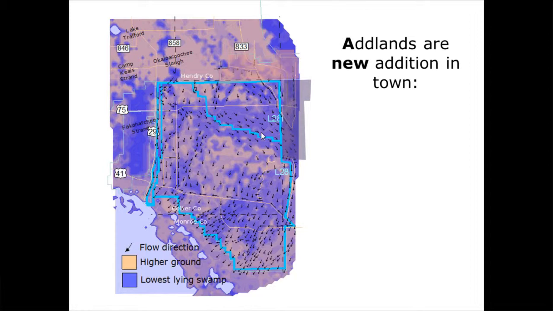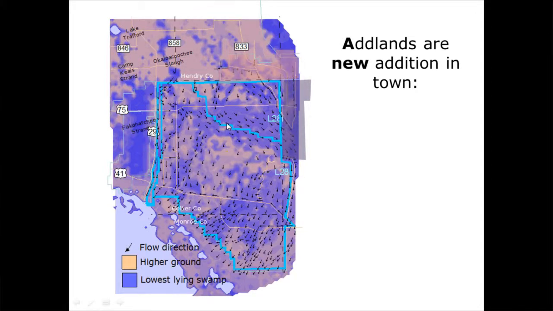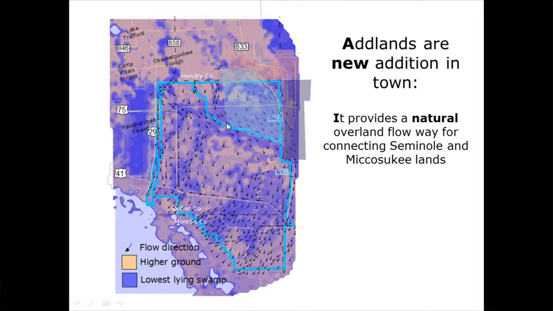One thing to keep in mind is that this area is really a new piece of the Everglades restoration puzzle. It wasn't designated as conservation land by Congress until 1988, and the land exchange did not occur until 1996. So we're not behind the curve on this thing, languishing for decades.